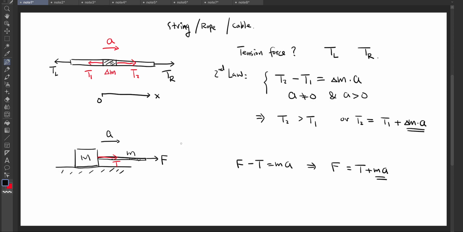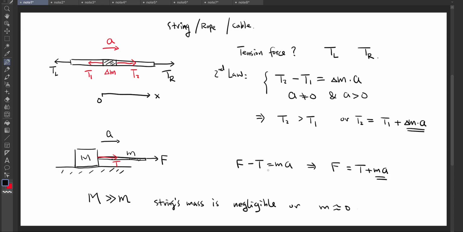That is reasonable, you can do that. However, in this actual example, we usually have the condition that the mass of this block is much greater than the mass of the string. So the string's mass is negligible, or you can say delta m is almost 0.